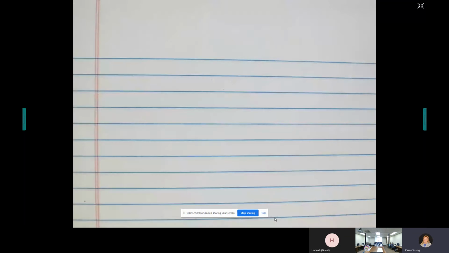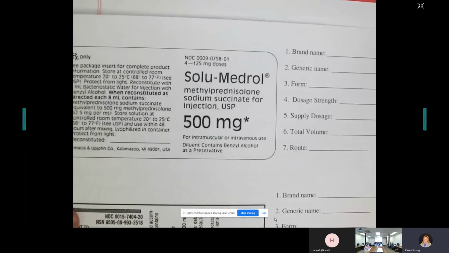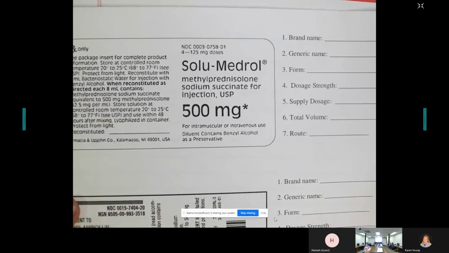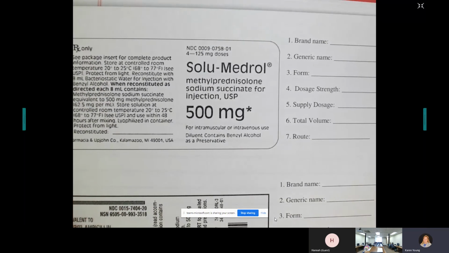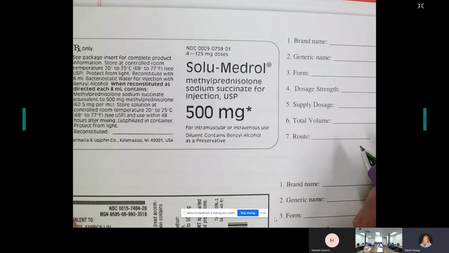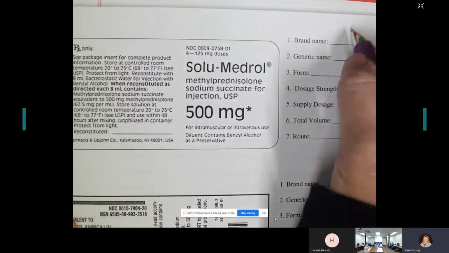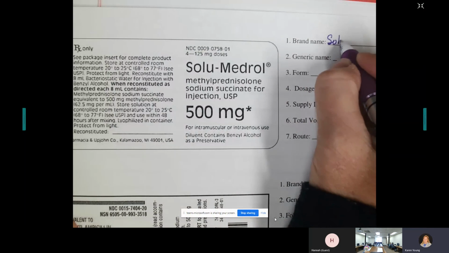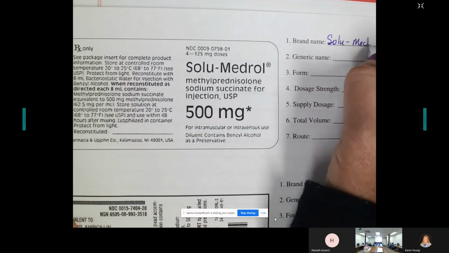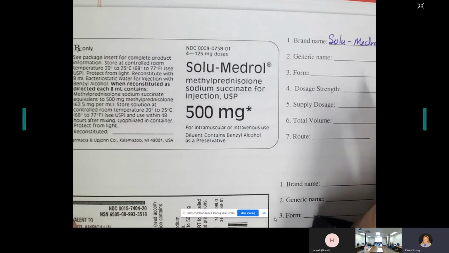Let's look at, all right, this is Solu-Medrol. So do I have a brand name for it? Yes, the one I barely say. What about a generic name?